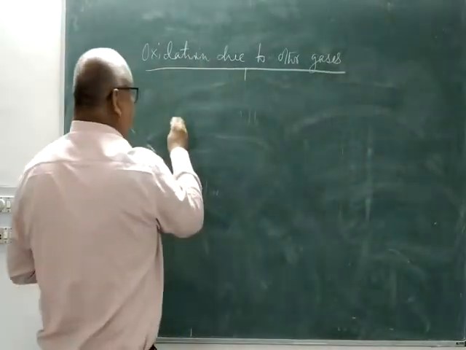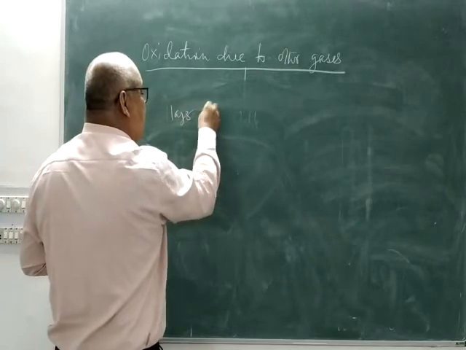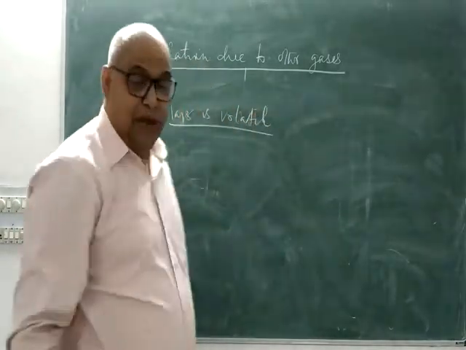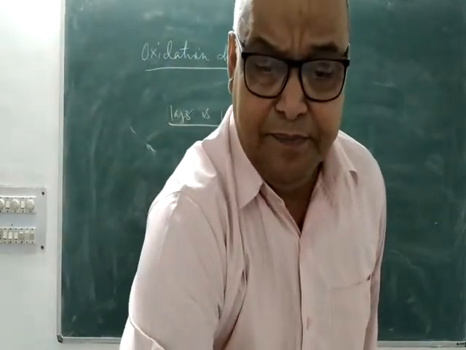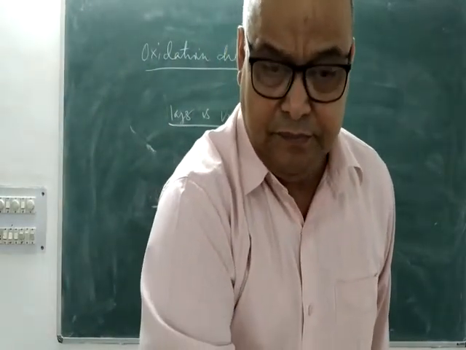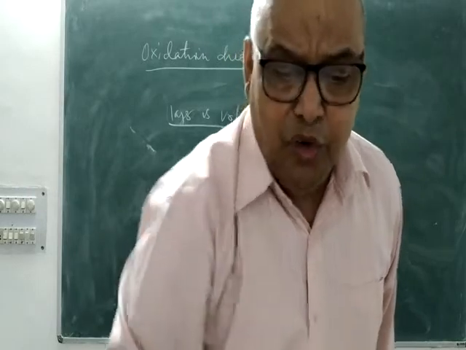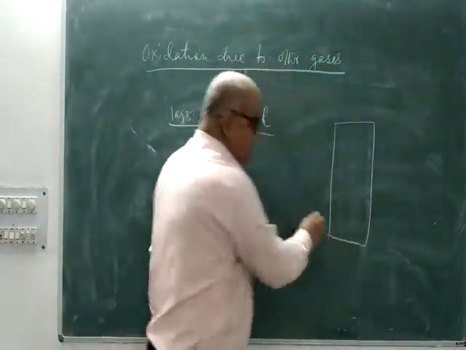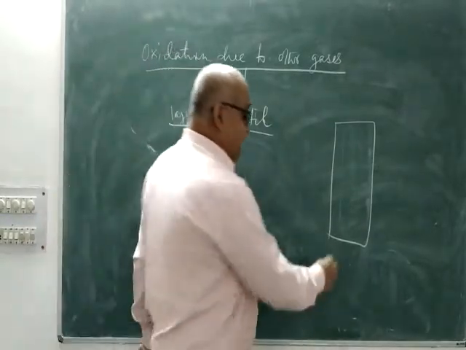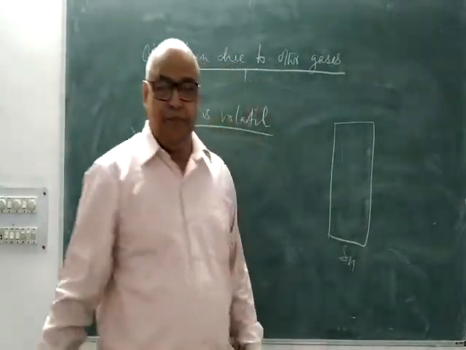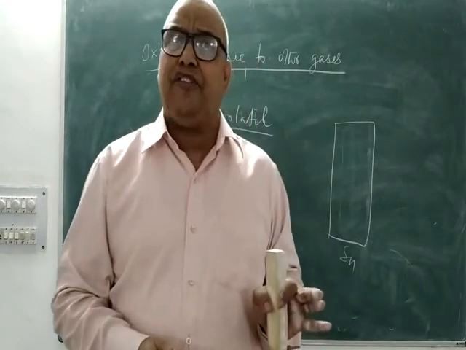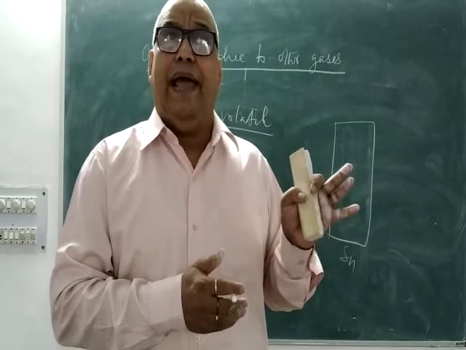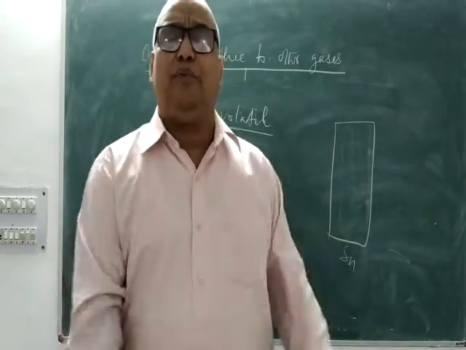Volatile. If the layer is volatile, in case of volatile oxide, we have seen earlier. All of you know what is volatile. Let us take a metallic structure made of tin, Sn. Now, if this structure is placed in an uncontrolled area where an excess amount of chlorine is there.